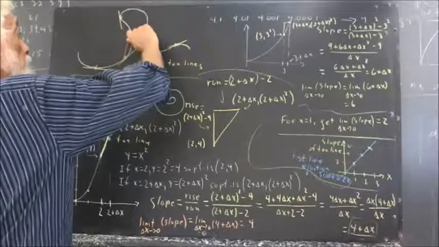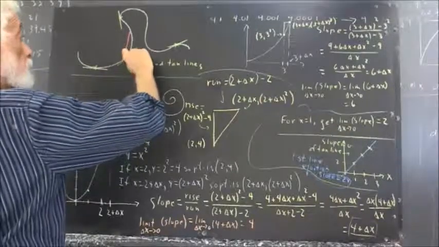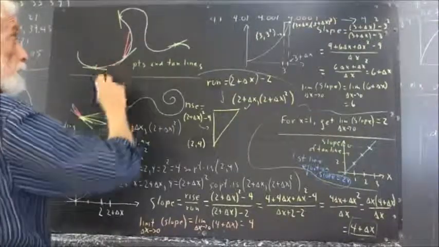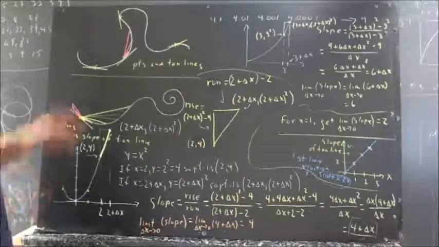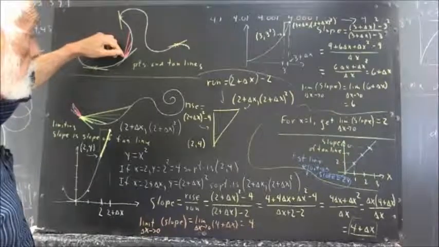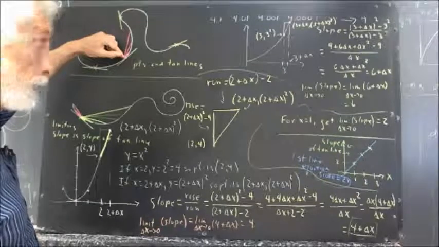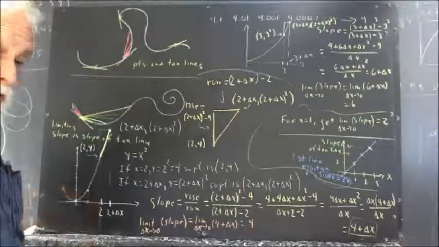Here's a secant line, including this point. Here's a shorter secant line, including this point. And here's an even shorter one. And as we bring the second point of our secant line closer and closer to our original point, the slope is going to approach that of the tangent line.